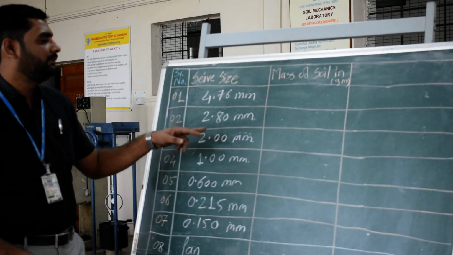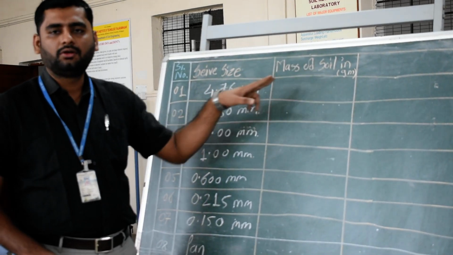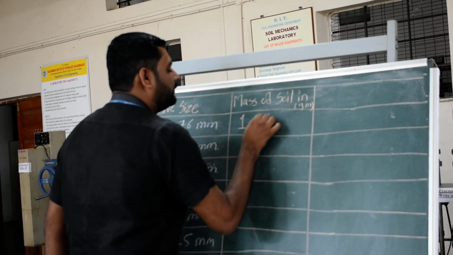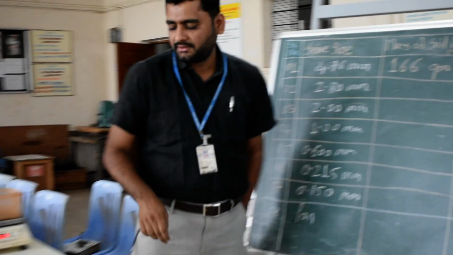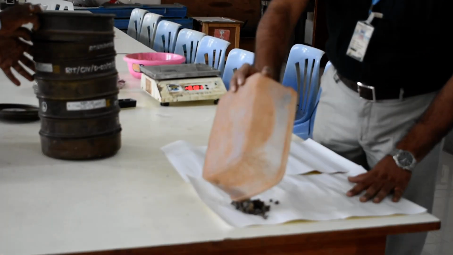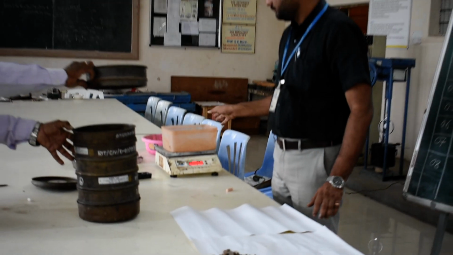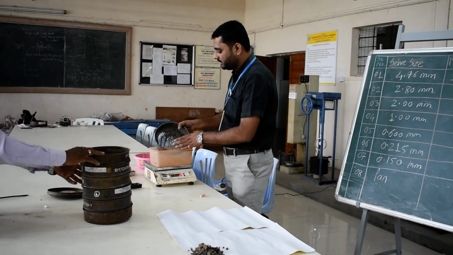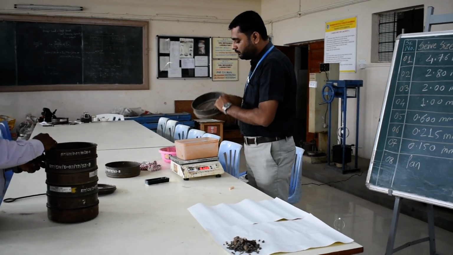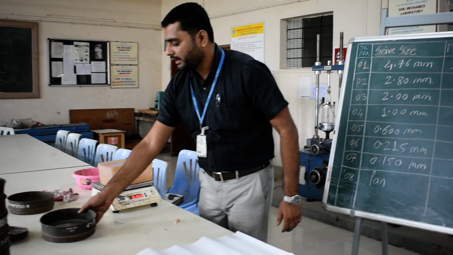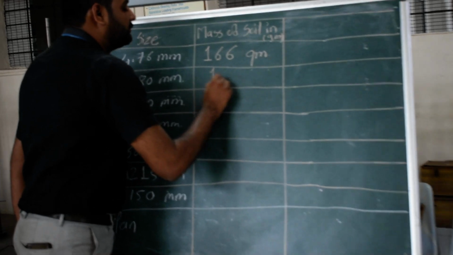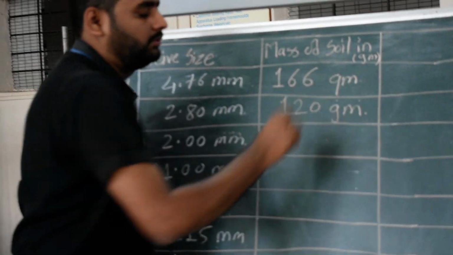So 4.76 mm. The second column is the mass of soil retained on each sieve. So on the first sieve it is 166 gram, so I will write 166 gram. Now the second sieve is 2.80 mm and the soil retained is 120 gram. So it is 120 grams.